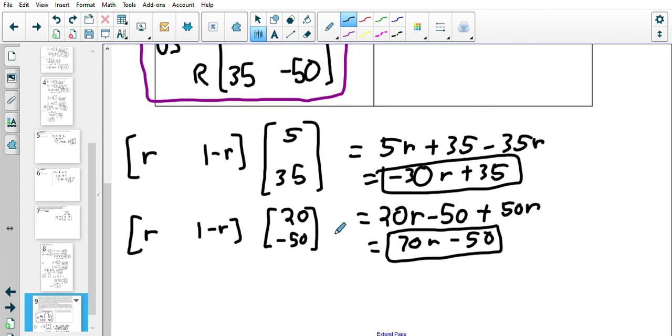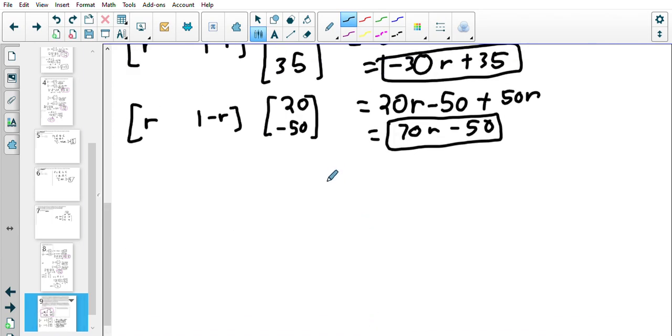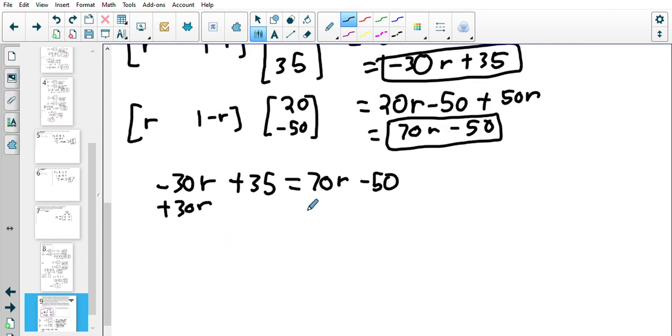Okay, so we'll set those two equal to each other and see what value we get. Negative 30R plus 35 equals 70R minus 50. So we'll add 30R to both sides, and we'll add 50 to both sides.